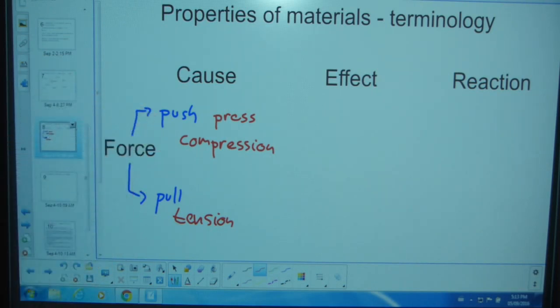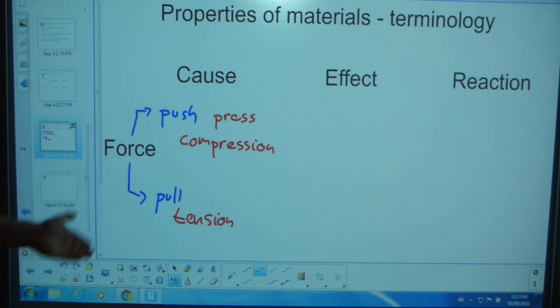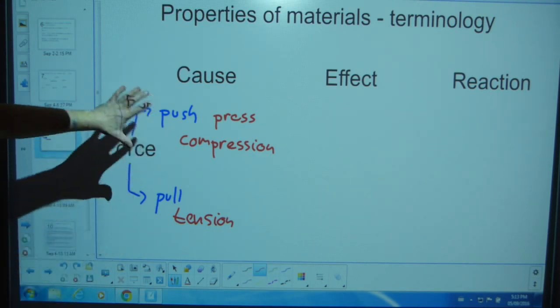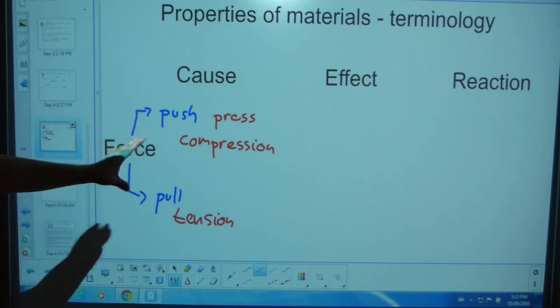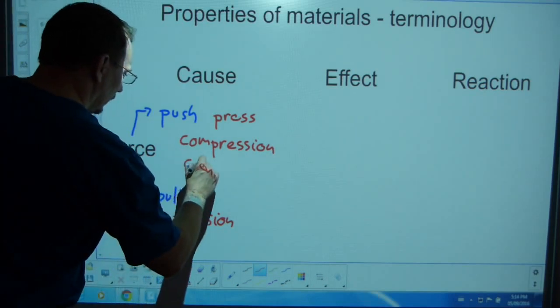Compression and push are synonyms. They are interchangeable. But in material science, they are not. Nobody uses push and pull, so that's why everybody just uses tension and compression. Now the adjectives: compression is the noun, the adjective is compressive.